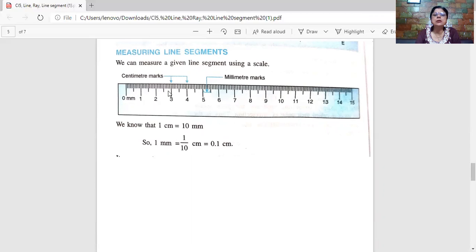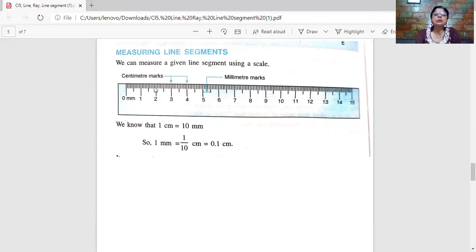So this is a centimeter. How many centimeters is the small ruler? 15 centimeters. And each centimeter is divided into 10 equal parts. There are 9 lines in between 0 and 1. If we count 1, 2, 3, 4, and then this is another line here, 5, 6, 7, 8, 9 lines. And there are 10 parts here.